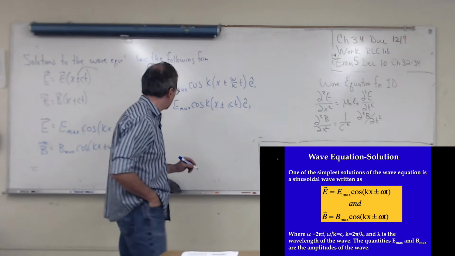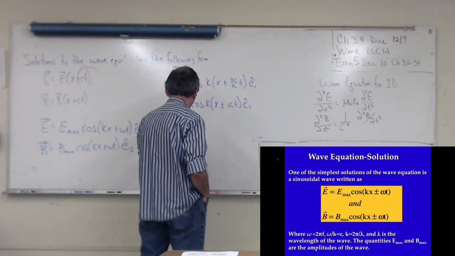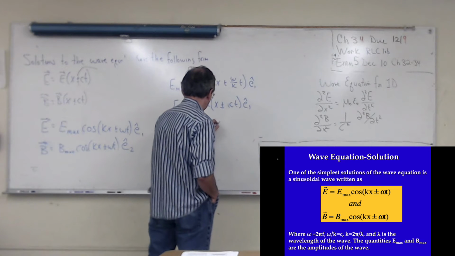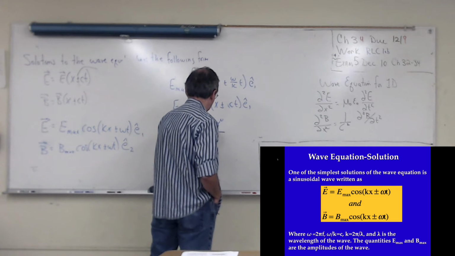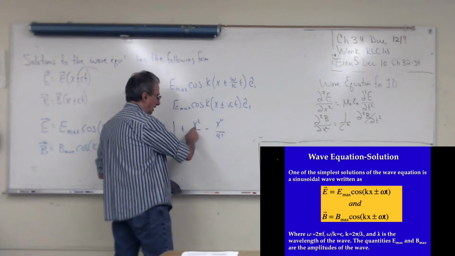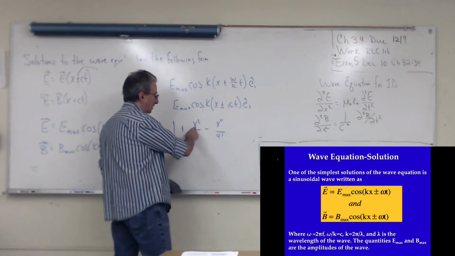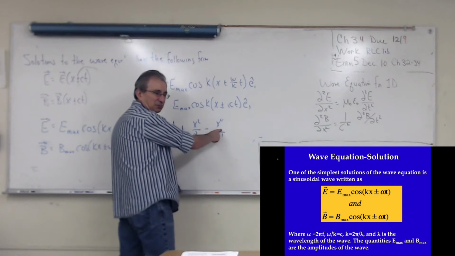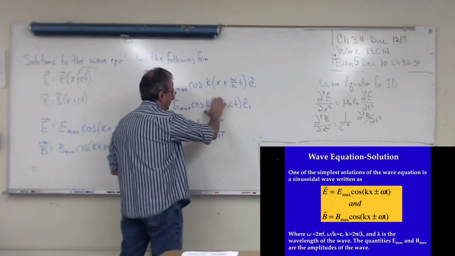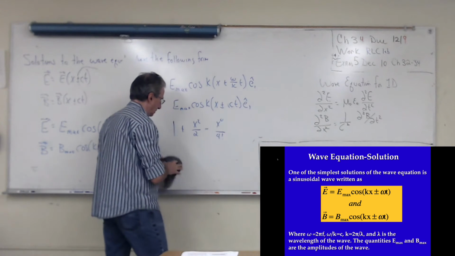The cosine function goes something like this. These things have to be dimensionless, because otherwise you're adding something with dimensions to the second power plus something with dimensions to the fourth power. So this whole thing has to be dimensionless.